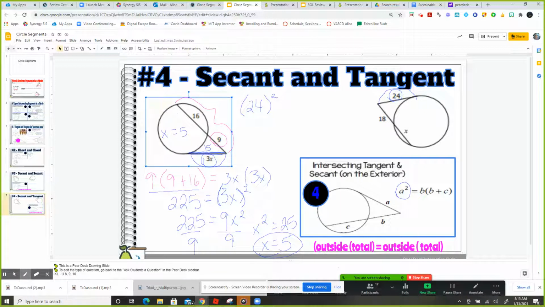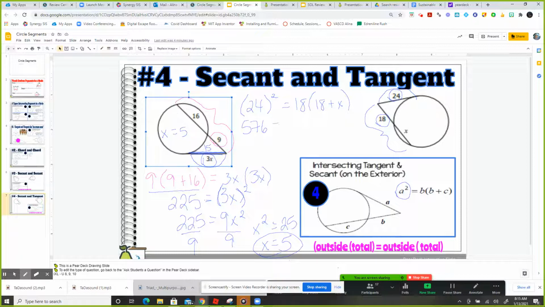If I start with a 24, what should the other side of the equation be? What number's on? Times 18 plus x. Absolutely, 18 plus x. So when I solve that, what's the first step? Anybody got 24 squared?